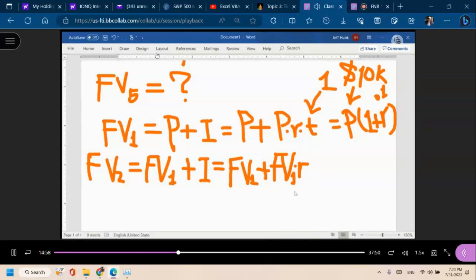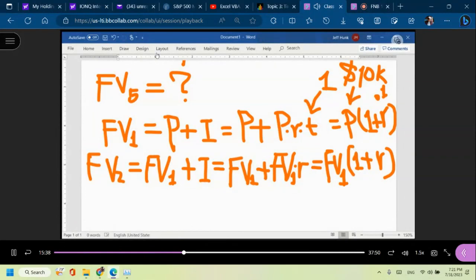And then in year 2, you have already a future value 1 sitting there, which is 11K, and that future value 1 is earning 10% interest, right? So 11K times 10%. Now you can factor out the common factor, which is FV1, and then you have 1 plus R in the parentheses.